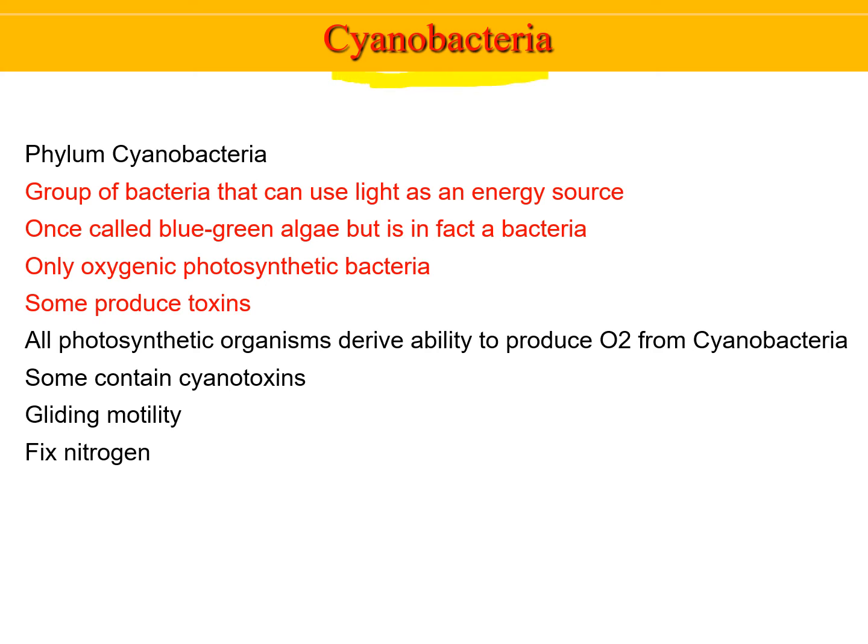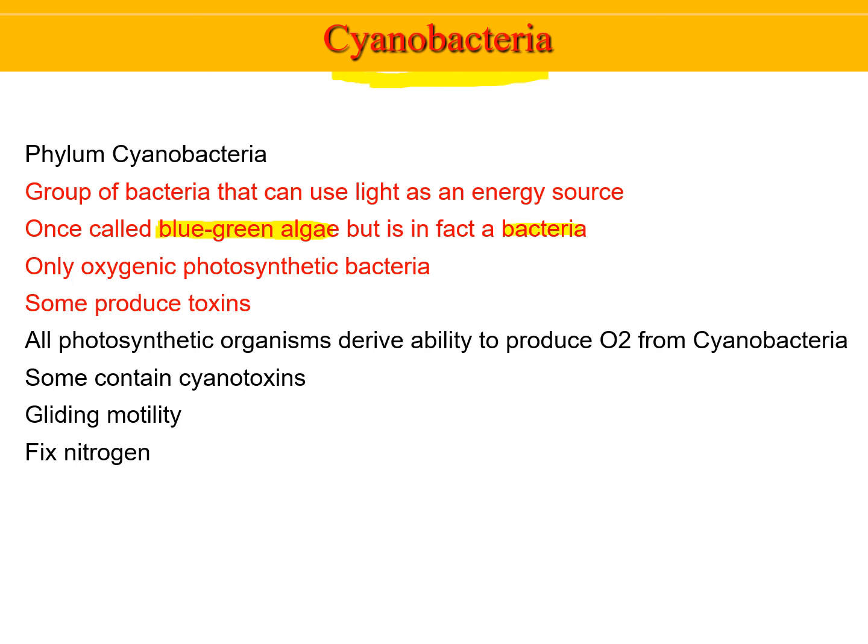Cyanobacteria are an unusual group that use light as an energy source. They're the only oxygen-producing photosynthetic bacteria. They were, in fact, originally thought to be an algae, and are still most commonly called blue-green algae, but it's in fact a bacteria.